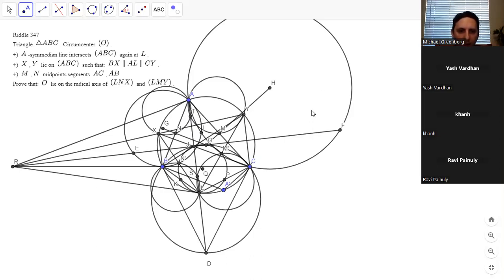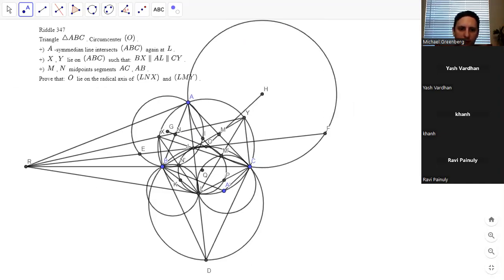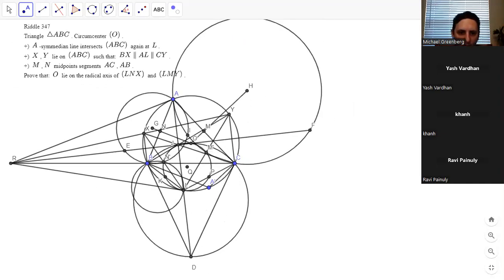Let me see if that can help us. Yeah, I'm not sure if it really does. I'm going to delete that, but that's kind of an interesting fact. It's a lot to add to this diagram.